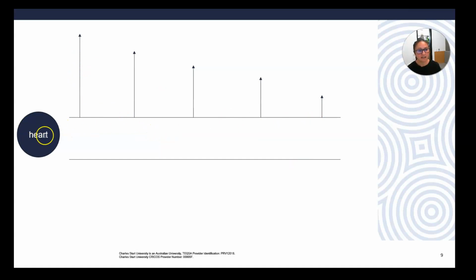You've got the heart here, which is like the tap, and it's going to have the highest hydrostatic pressure towards the heart, and it's going to get lower and lower as you move further away from the heart. So that is one pressure that we have to think about, and that's called the blood hydrostatic pressure.